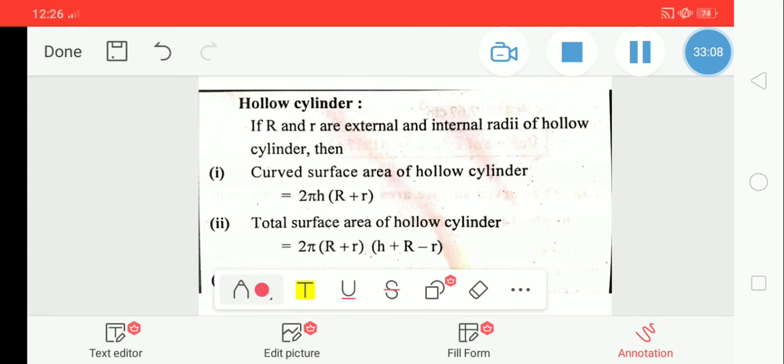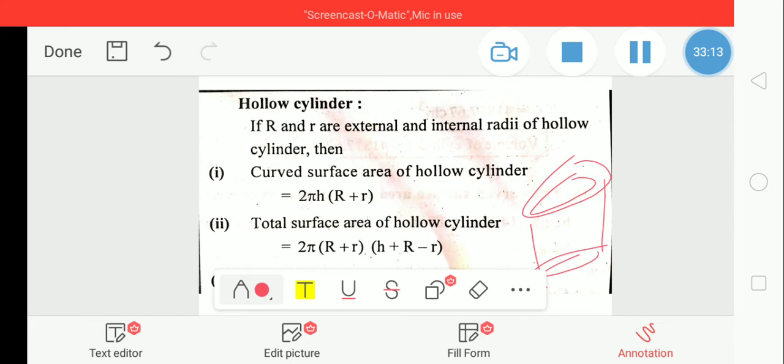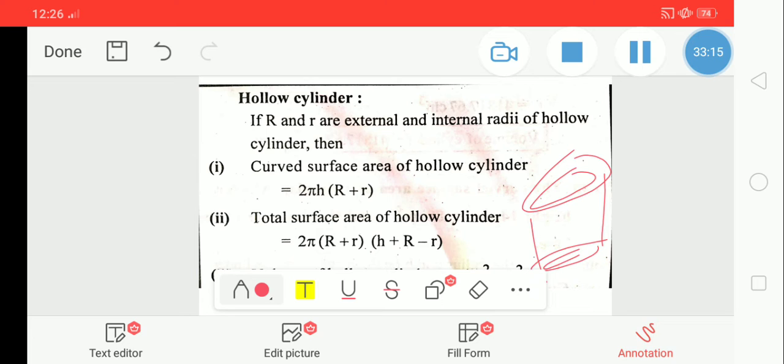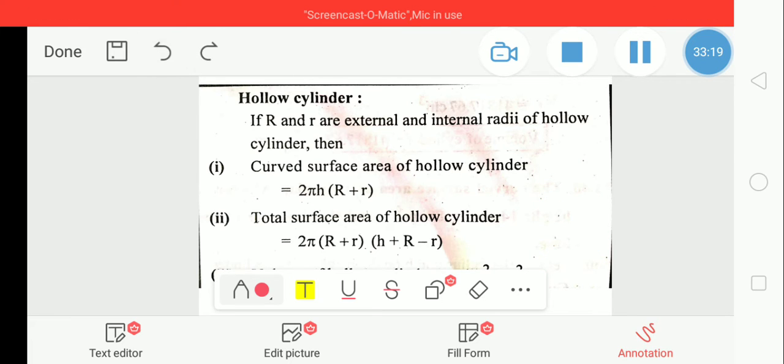Whole cylinder means in this one, so they have the whole cylinder. They have 2 radii, because that is the whole cylinder, means this one, and here center.